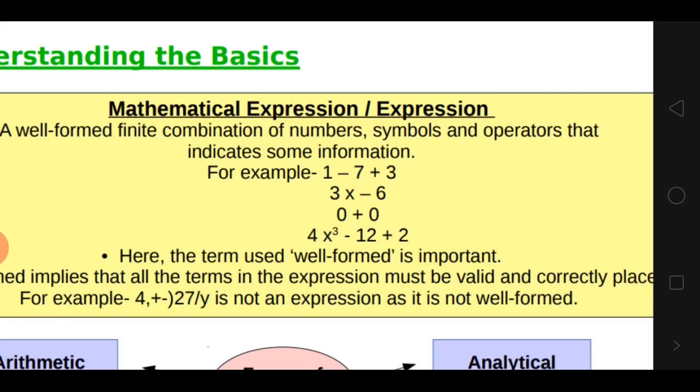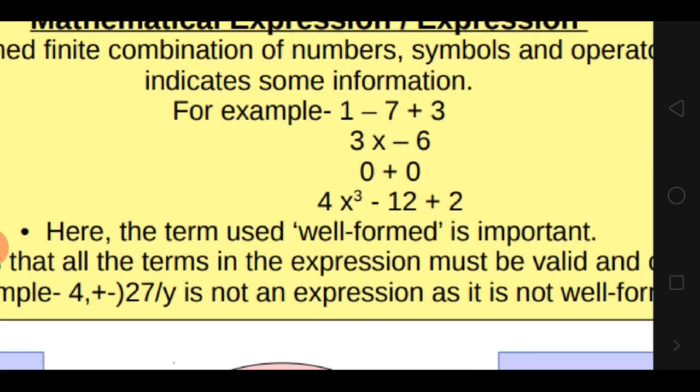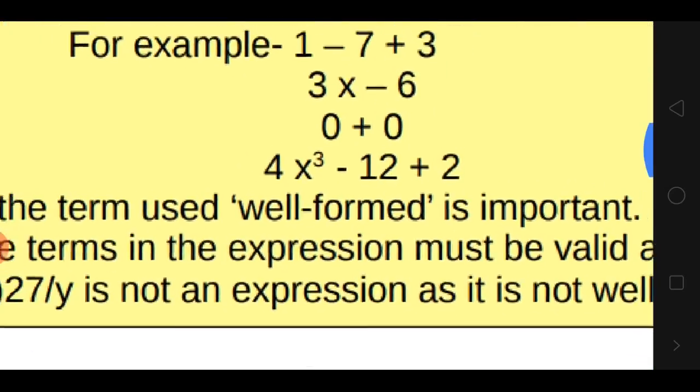All of these examples are well formed finite combinations of variables, symbols and numbers. Here the term used, well formed, is important.